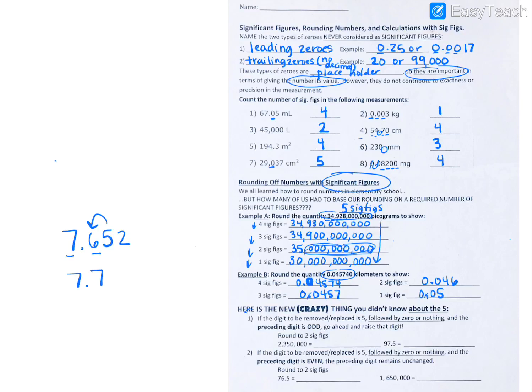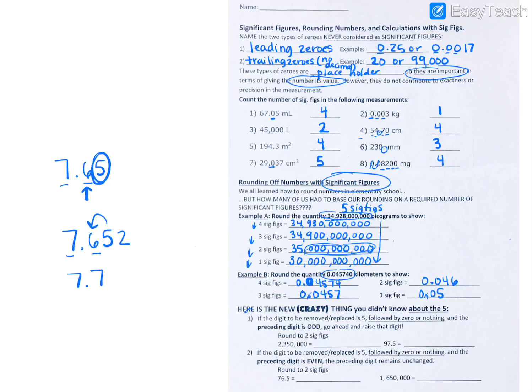However, if you had 7.65, okay, and I said, okay, you need to round this to 2 sig figs, this 5 would not round it up. Here's why. If the number that you are trying to round, okay, is followed by what is known as an empty 5, I call these an empty 5.